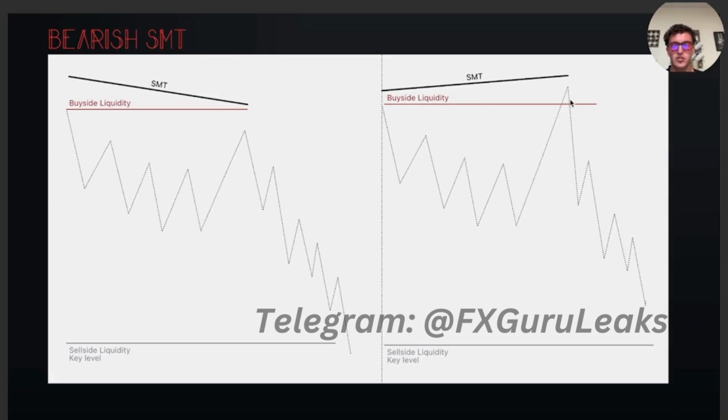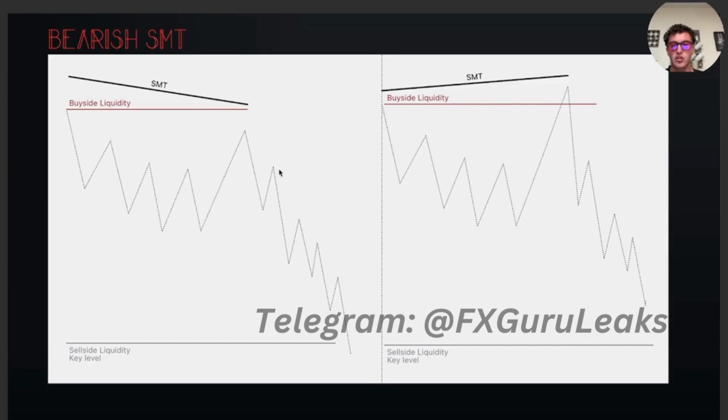Even if structure looks cleaner on the stronger, it's always better to align yourself for a short position on a weaker pair, because when price makes the lower high and we have the identification of SMT, we're going to reach its sell side liquidity pool draw before the one that makes the higher high, because we could reach this with the lower high shorter pair, but we could fail to do so on the stronger asset that makes the higher high.